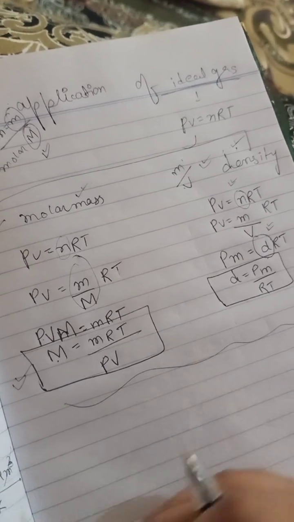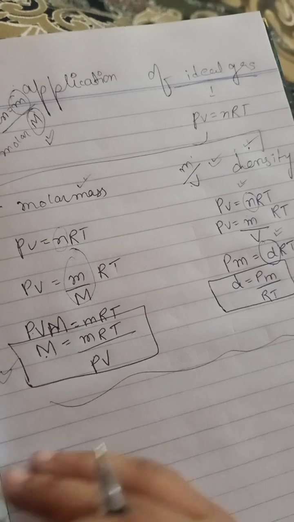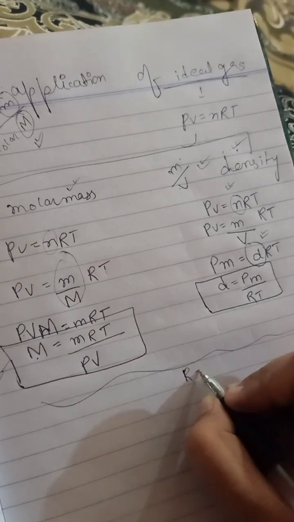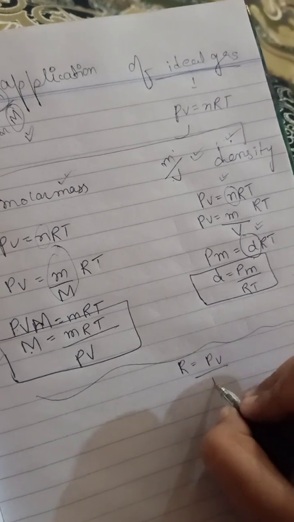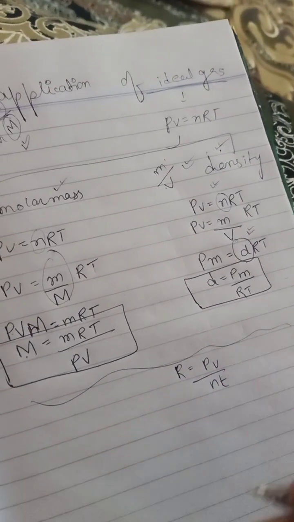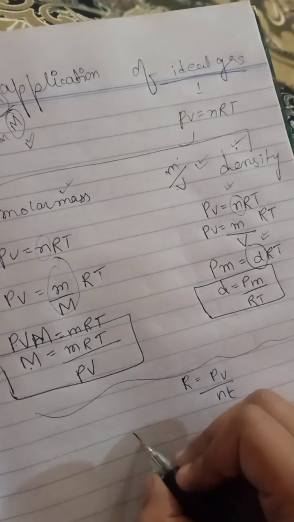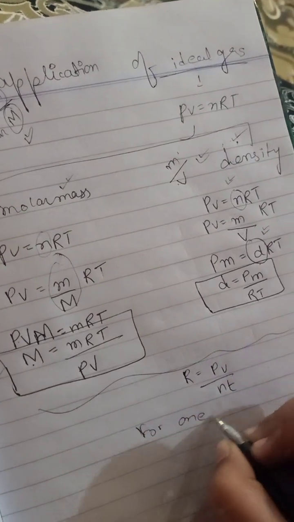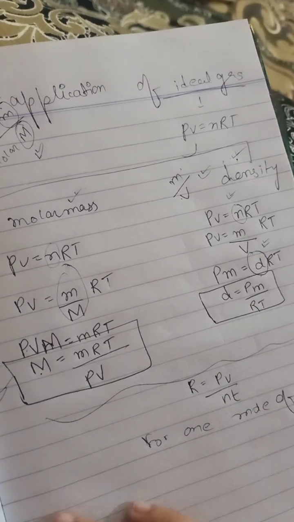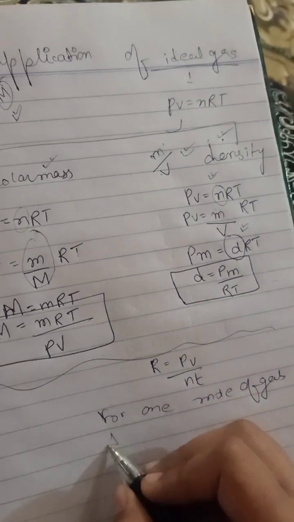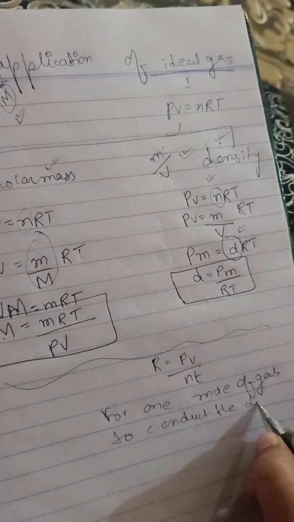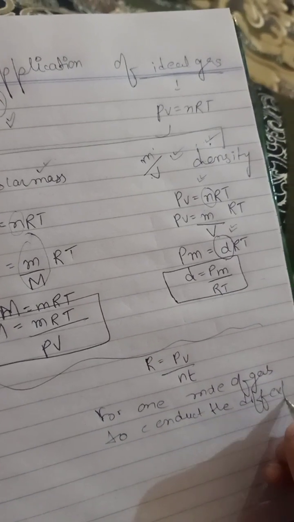But for 1 mole of gas we have the equation R is equal to PV upon nT. As you all know, in the previous video we were done with all these equations. I'm just giving the overview. For 1 mole of gas, suppose we conduct different experiments.